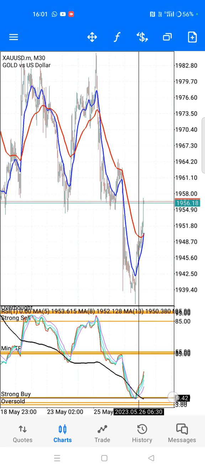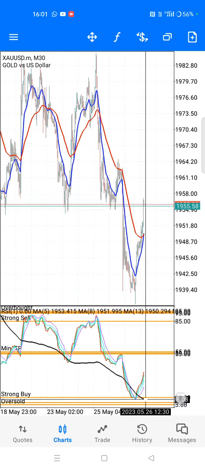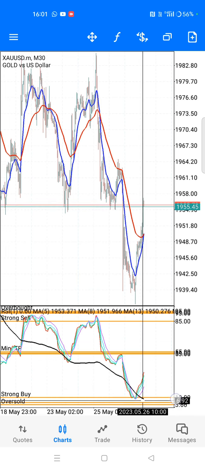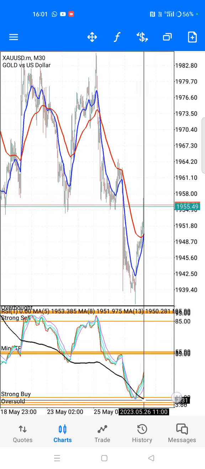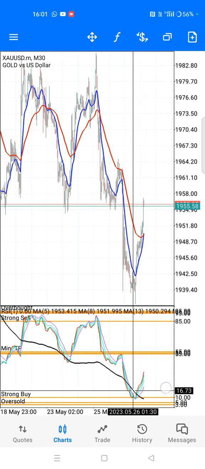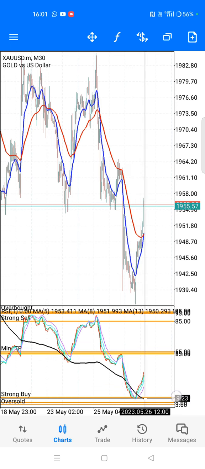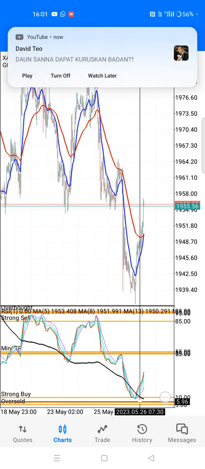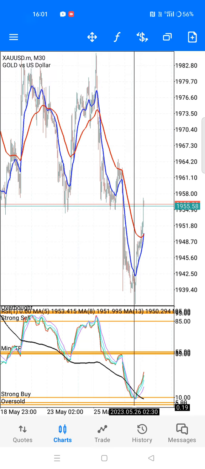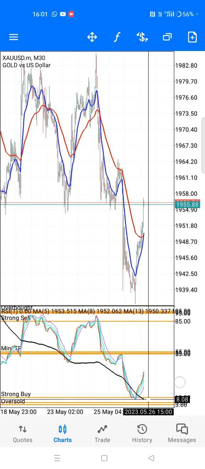The 200 EMA must be around this area for you to execute a buy or a sell. Let me repeat. The black moving average, which is the 200 moving average, must be around here, must cross the strong buy and then bounce back.